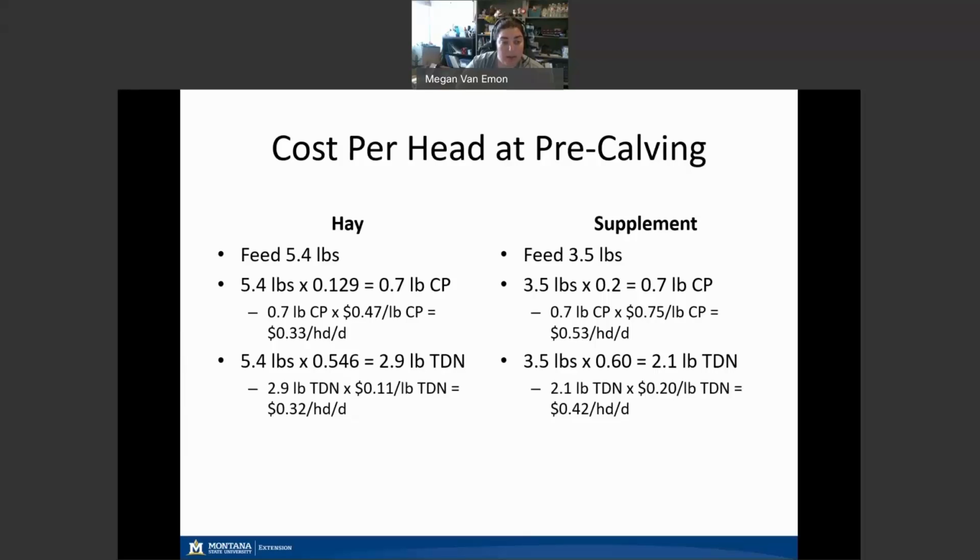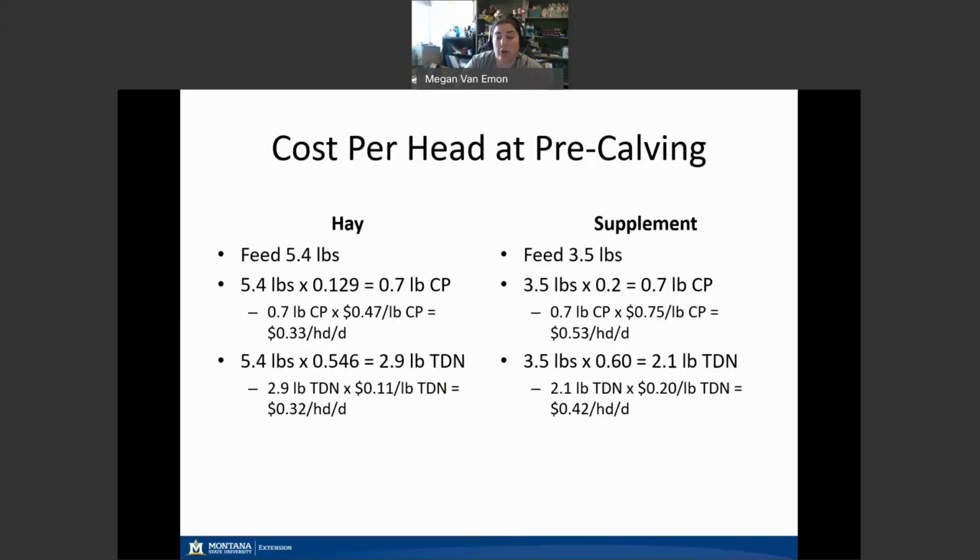We have the 0.7 pounds of protein that we're providing with that hay, multiplied by the price per pound of nutrient, which gives us 33 cents per head per day for the hay to make up that 0.7 pound deficit. Like I said, we're going to overfeed on energy because that wasn't our limiting nutrient as extensively as protein was, but that's going to be about 32 cents per head per day.